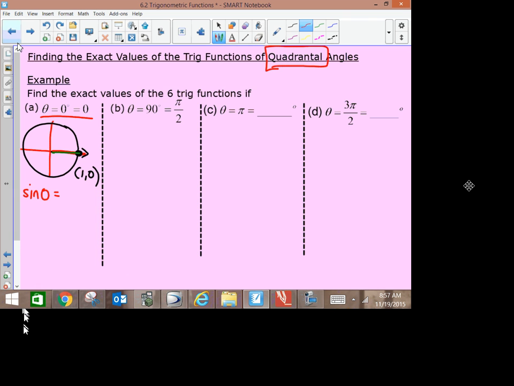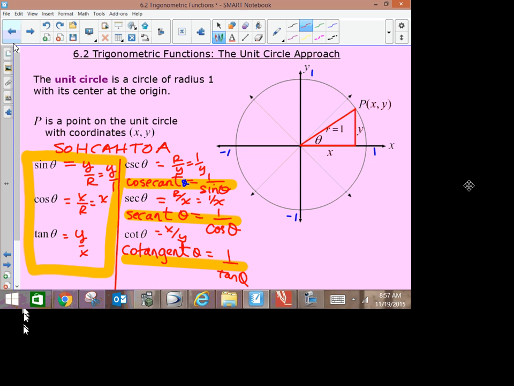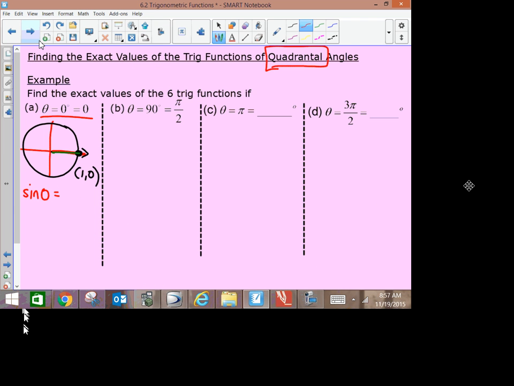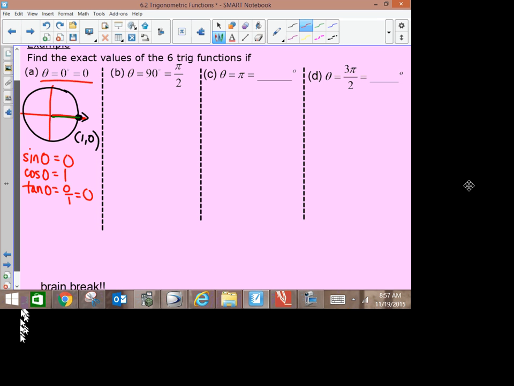Sine of 0, remember, is the y value. Well, theta is 0. I just put it in its place. So it is 0. Cosine of 0 is 1. Tangent of 0 is 0 over 1, which simplifies, right? Okay? Did we lose anybody?